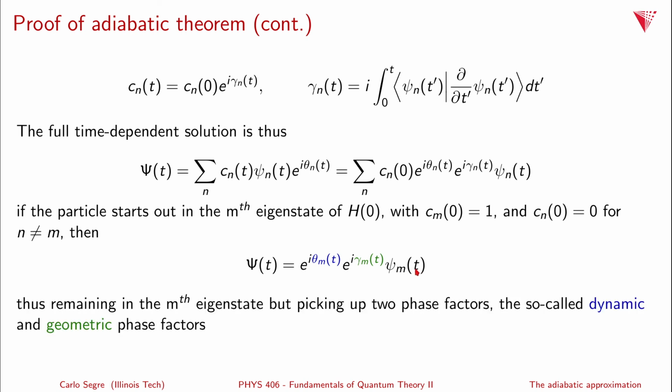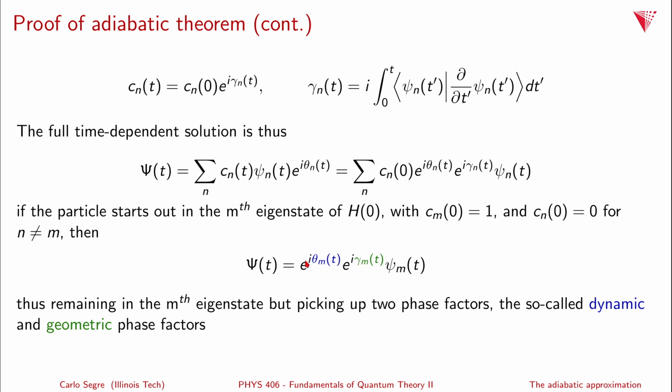So what happens then? What does this show? This shows that the mth state, starting at time equals 0, with C sub m equal to 1, remains in the mth state, however that mth state has evolved at later times t, but it picks up two phase factors.